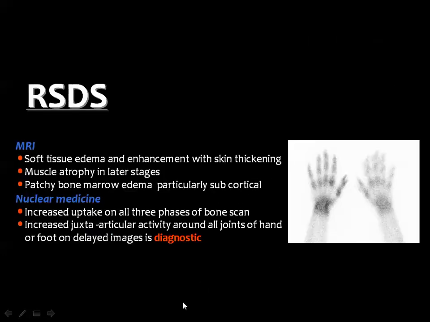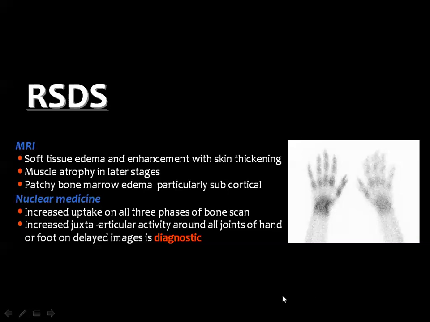Then in reflex sympathetic dystrophy syndrome, MRI will show soft tissue edema and enhancement with skin thickening. And later on, you get soft tissue atrophic changes. And in the bones, you get patchy bone marrow edema, low signal in the T1 and high signal in the T2 and the STIR images.